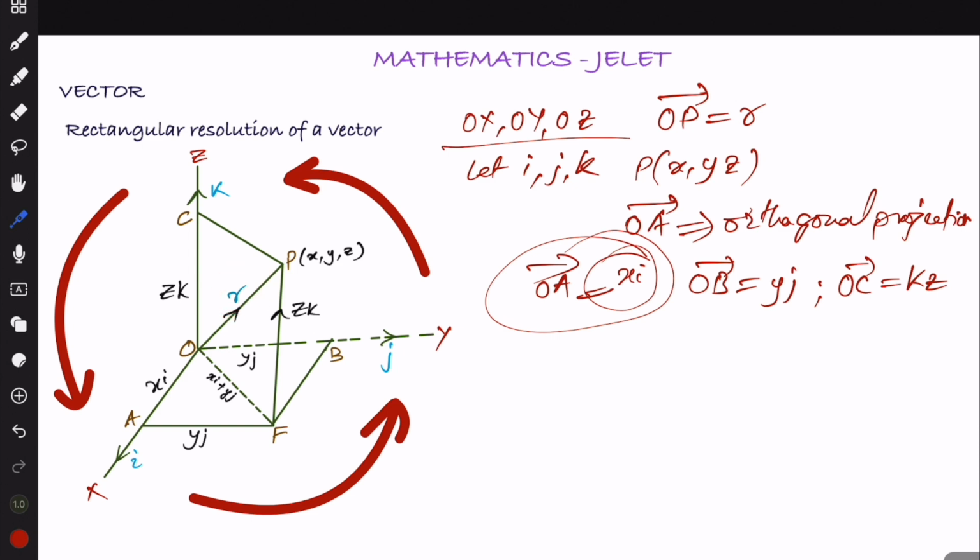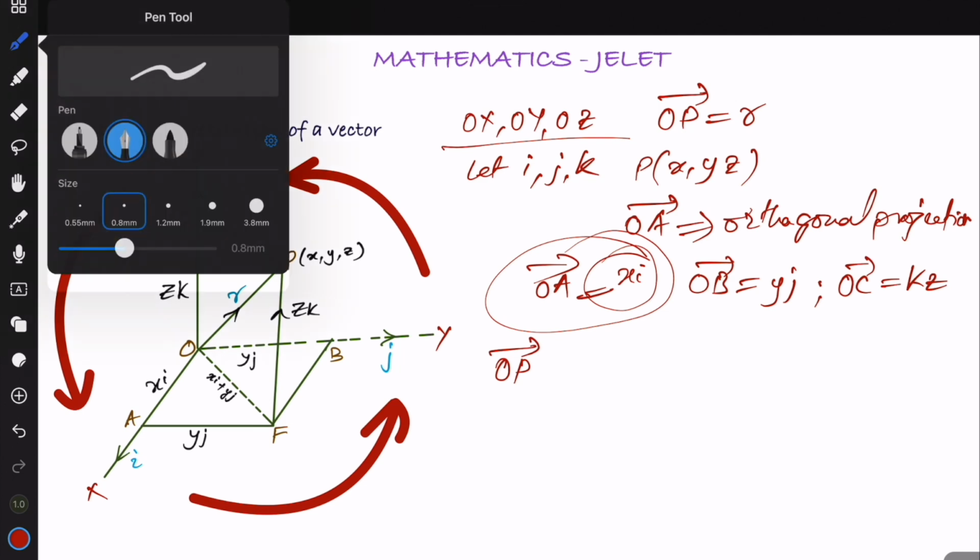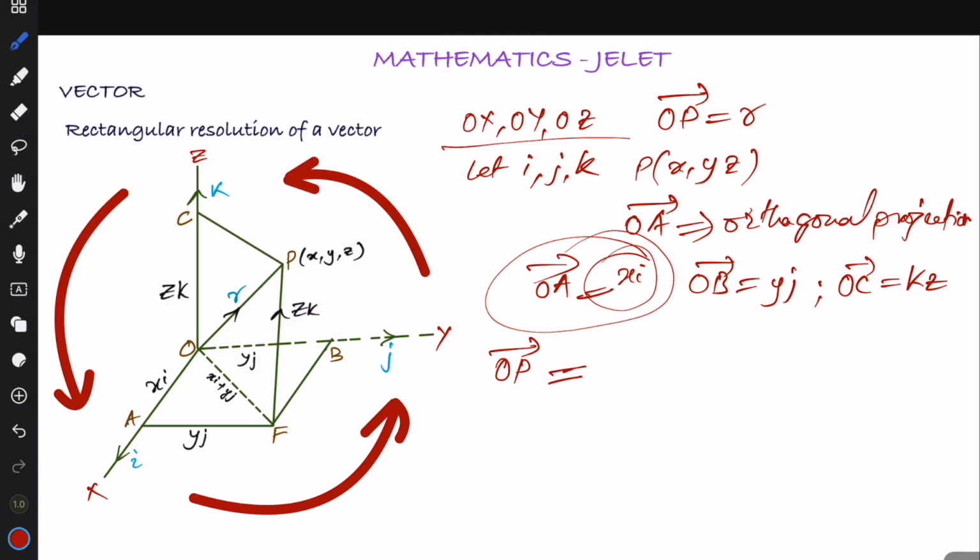Alright, now we have vector OP, which is equivalent to vector OF plus FP, according to the rectangular law of addition. So this is a rectangle, OPF, and OP can be written as this plus this.